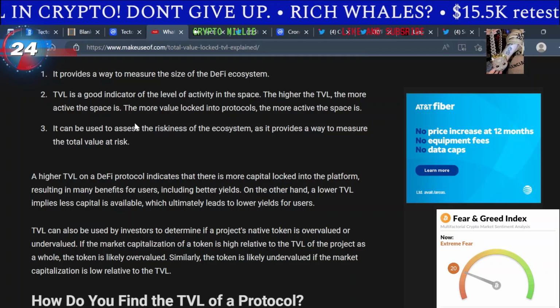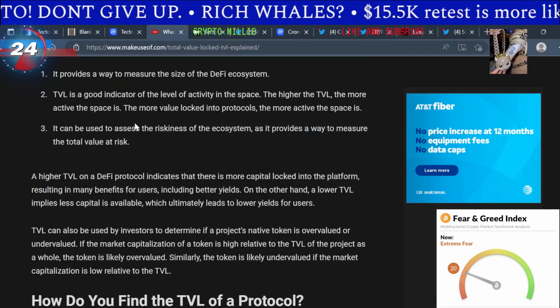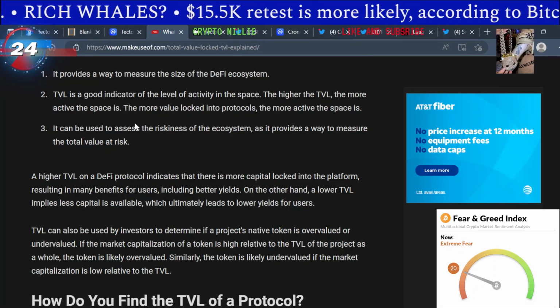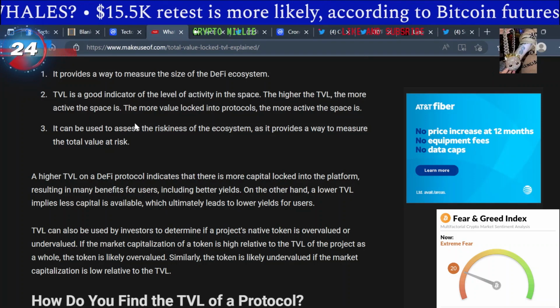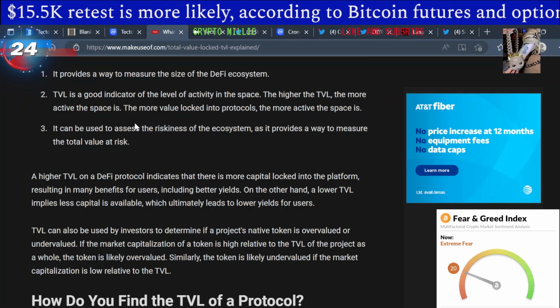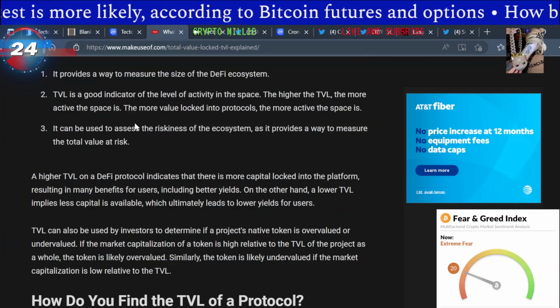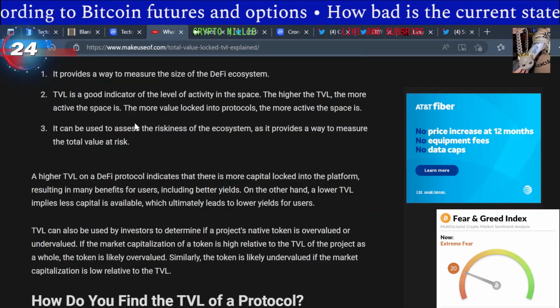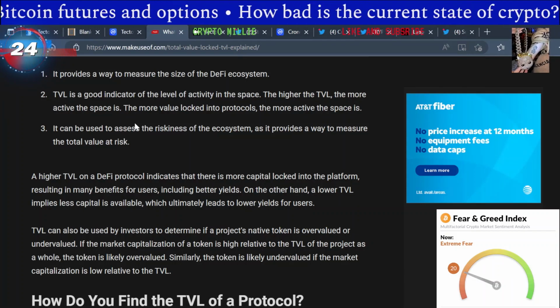If the market capitalization of the token is high relative to the TVL of the project as a whole, the token is likely overvalued. Similarly, the token is likely undervalued if the market capitalization is low relative to the TVL. That last sentence pretty much explains it all, family.